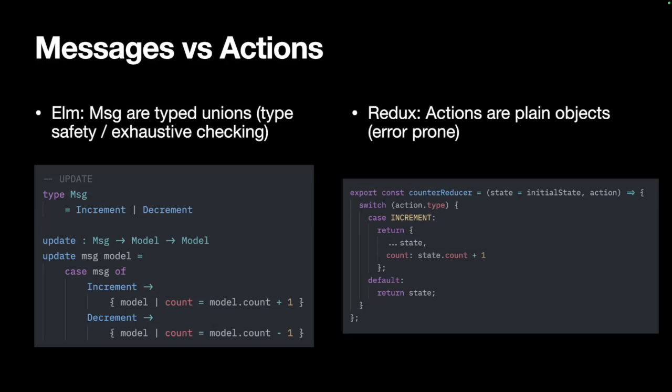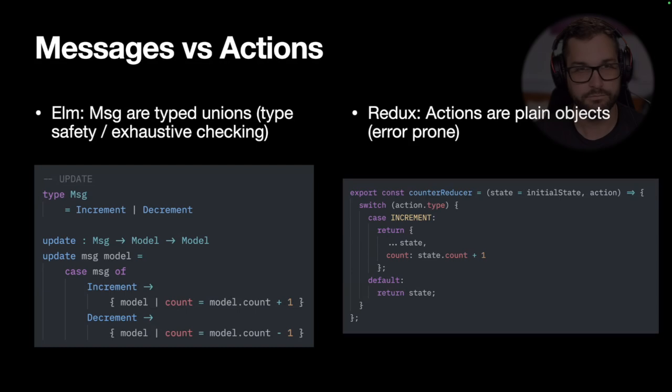So in the update method, due to exhaustive type checking, we're forced to code for all scenarios, or at least acknowledge all scenarios. But we can see in our Redux counterpart that you could simply stop at the increment case. There's nothing in the compiler, or even if you're using TypeScript, to force coding for the decrement case. So that's the benefit of having a strongly typed language like Elm.